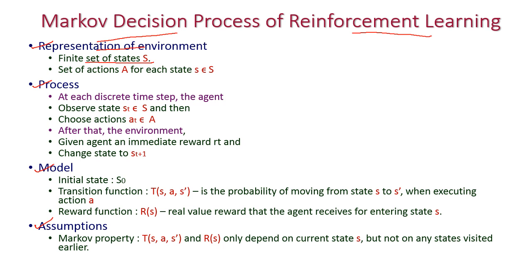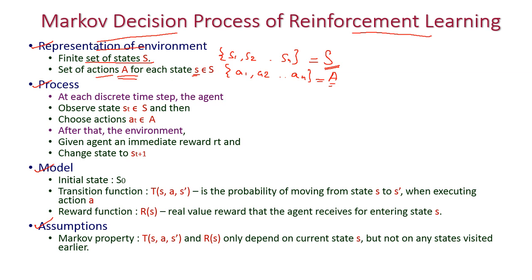We have many states S1, S2 and so on up to Sn, which is represented as capital S. And we have a set of actions A1, A2 and so on up to An, which is represented as capital A. At each state S, it decides what action should be performed. So this is called the set of actions and the set of states.